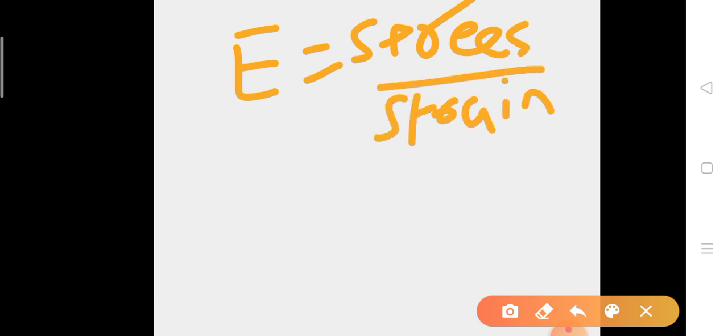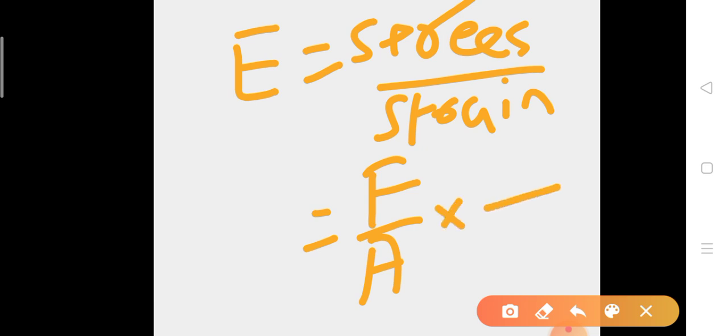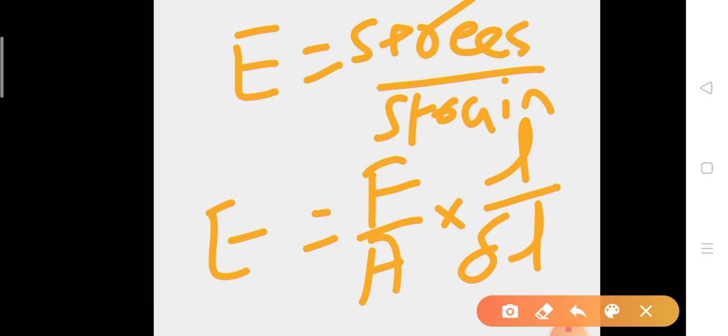So what is the value of stress? That is f by a or p by a, we can say. What is the value of strain? Strain is change in length upon original length. Okay, so this will be your equation.